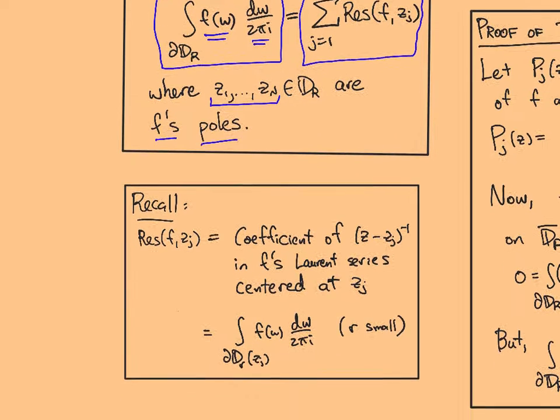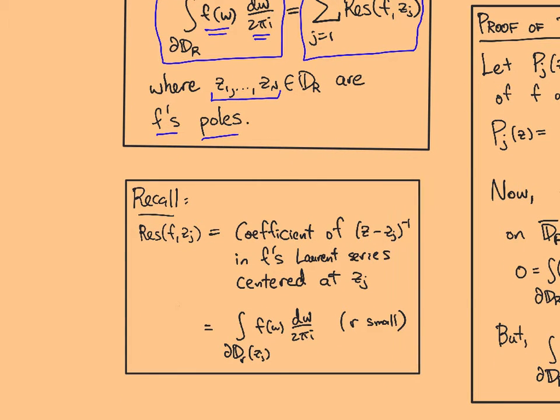Let me just recall a little bit about residues. The residue of f at zj, again, is you write out f's Laurent series centered at zj, and we're just pulling off the coefficient of z minus zj to the minus 1.